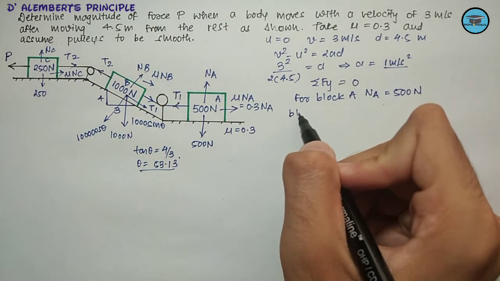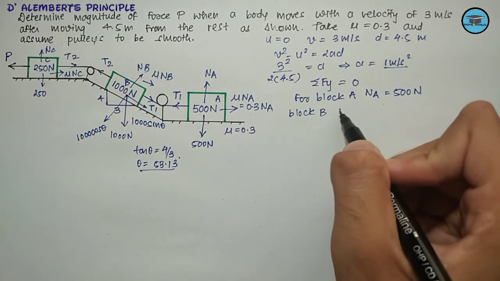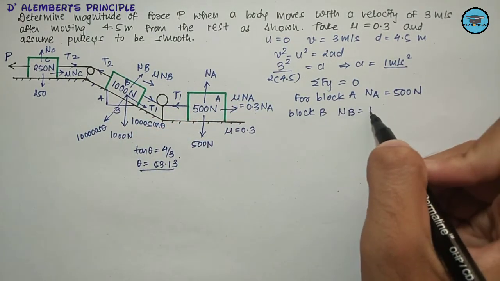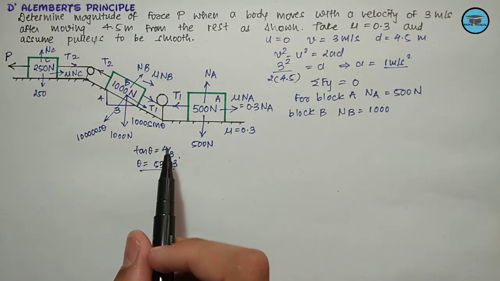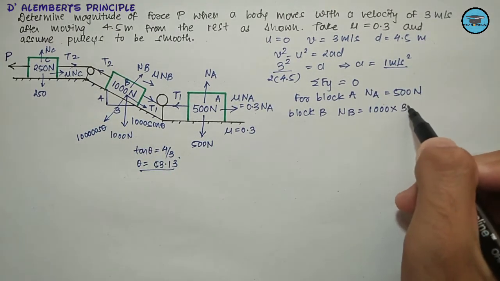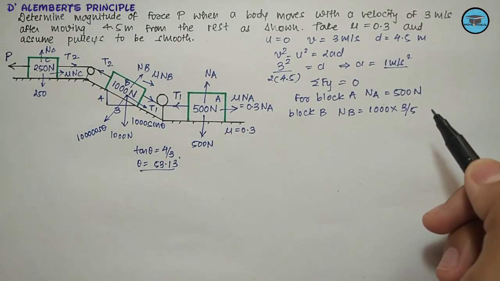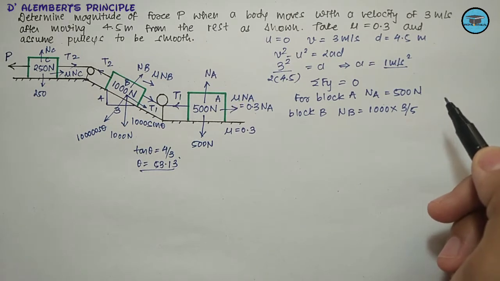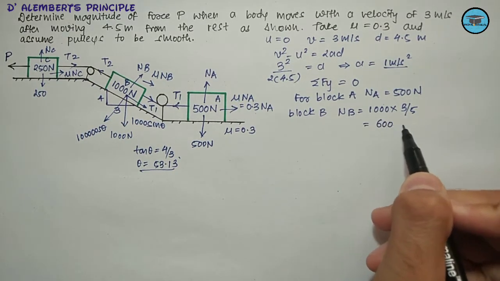For block B, NB equals 1000 into cos theta, where cos theta is 3 by 5, so 1000 into 3 by 5, that is 600 Newton.